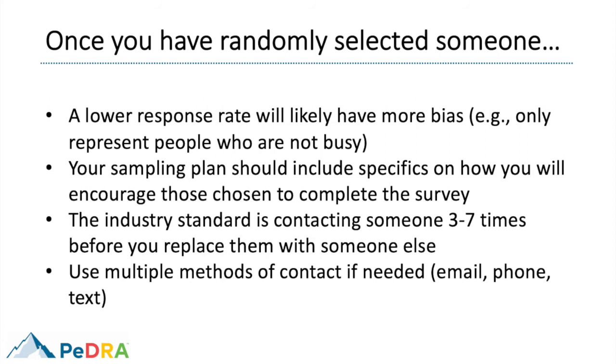The industry standard for contacting people once they have been randomly selected is to attempt to get a hold of them to take your survey 3 to 7 times. If you have difficulty reaching them through one method, say via email, you should try other methods like phoning them or texting.